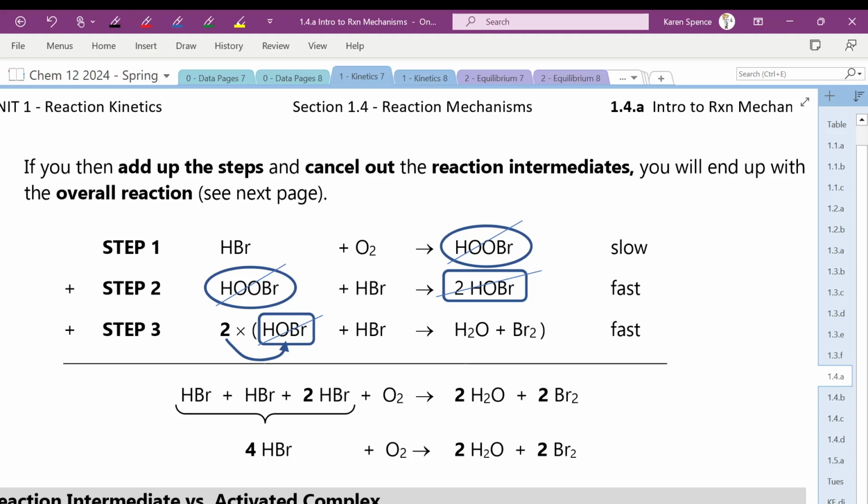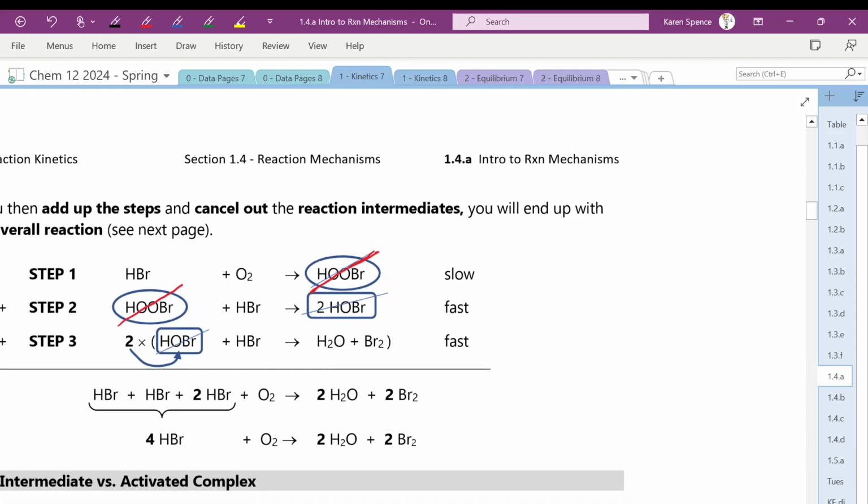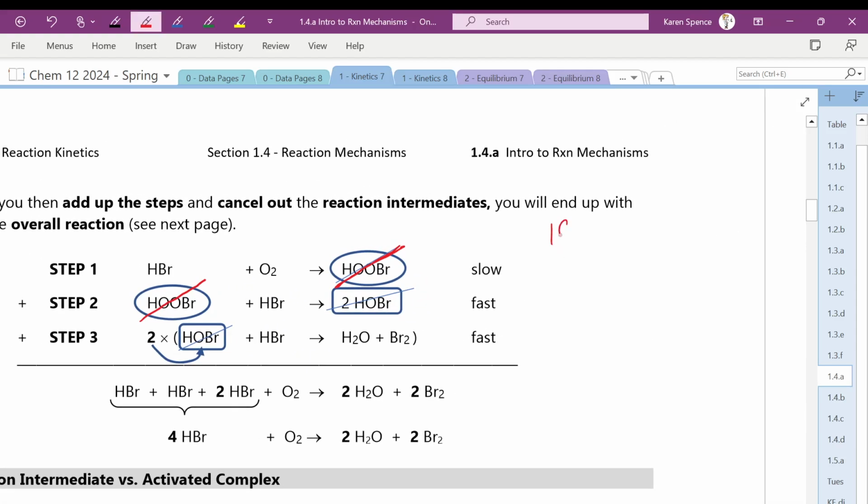So we see an HOOBr on the right-hand side and there is an HOOBr on the left-hand side, and they cancel out. If you have something on the left and on the right, they will cancel out.